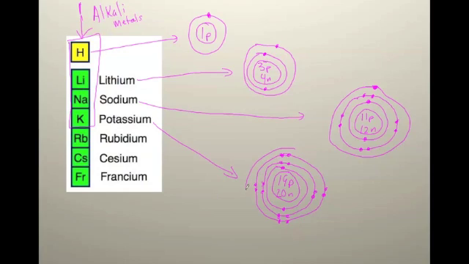And in the N shell, you have that 1 extra electron there. So you notice they all have very similar physical structures. And that leads to them acting very similarly with regard to their chemical reactions.